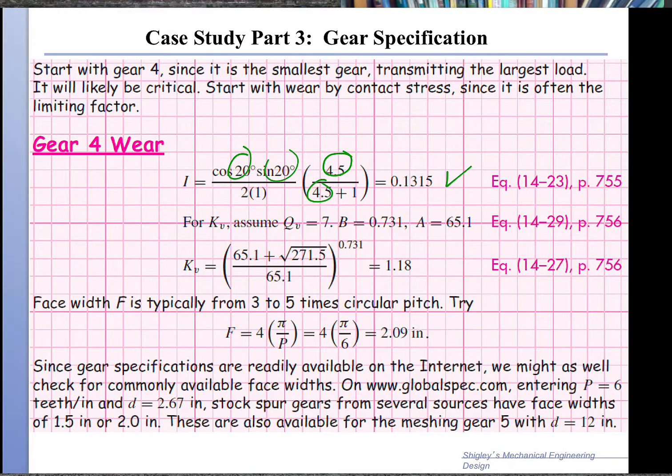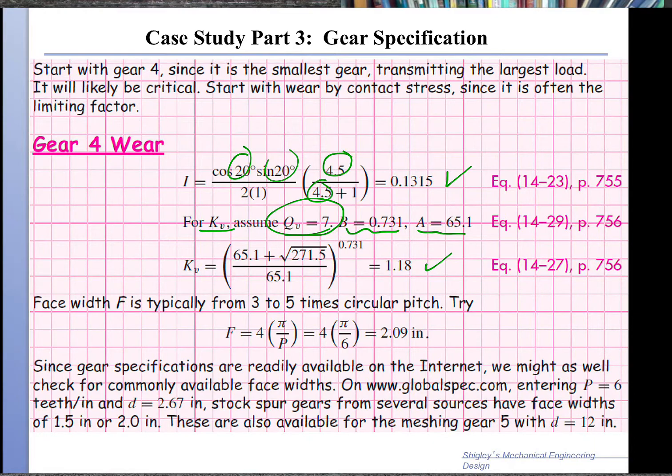This is the equivalent of the Lewis geometry factor for bending, but this is for contact and wear. The dynamic factor, we're going to assume Q equals 7 for the precision of the gear quality, and that gives us two parameters A and B, from which we can find the dynamic factor to be 1.18.